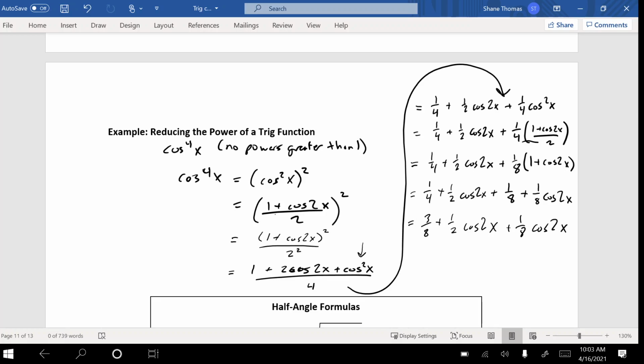I don't understand why you can't combine the 1/8 and the 1/8. Like, why can't you just combine here and here, like the cosine? You could, and oh shoot, you know what I did?